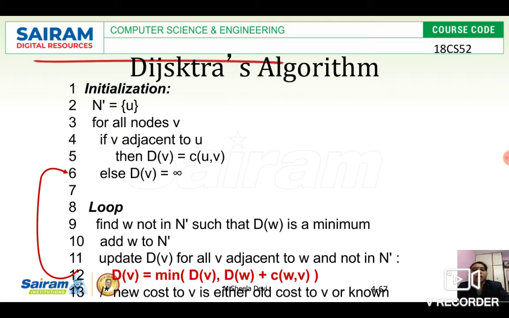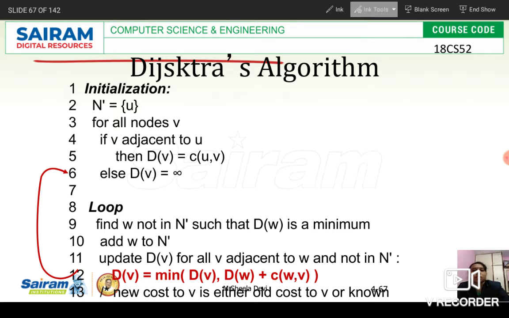Clear? I'll explain with a diagram so that you can understand easily. This is node 1, or else we will keep it as u. This is the source node, and this is node 1. We will assume this is node 2, node 3. So 1, 2, 3 are called directly connected nodes.